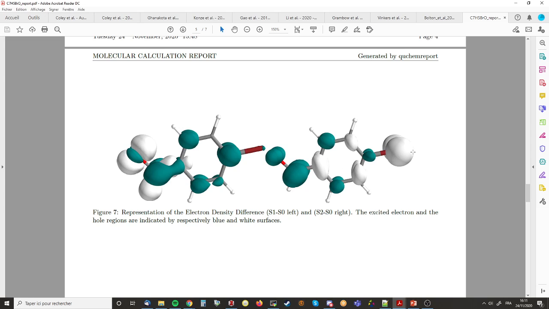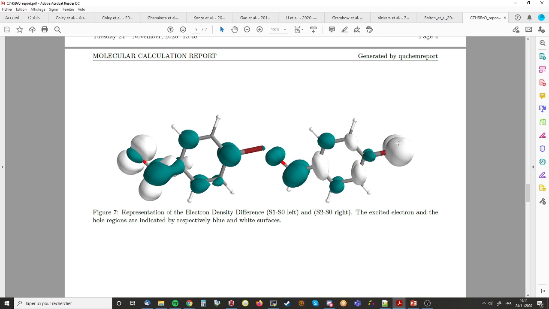And here, for example, in the second state, where we have HOMO, LUMO, and LUMO plus 1, the bromine loses electrons. All these atoms lose density. So this is your electronic hole, and this is your excited electron.